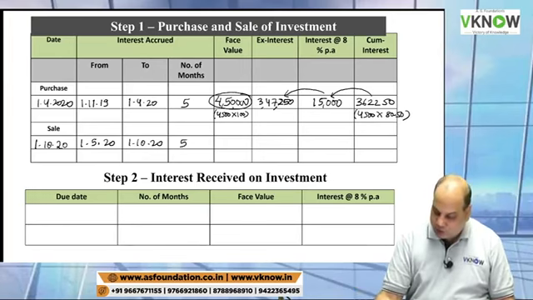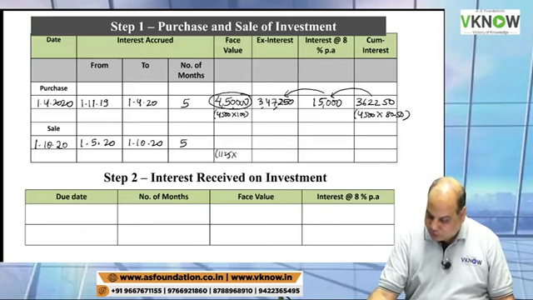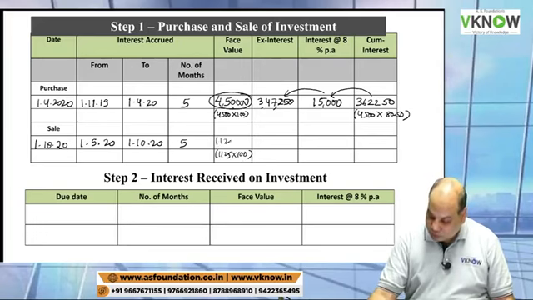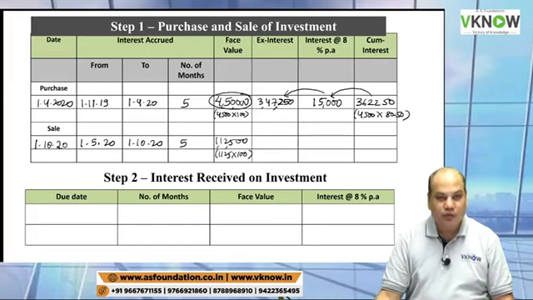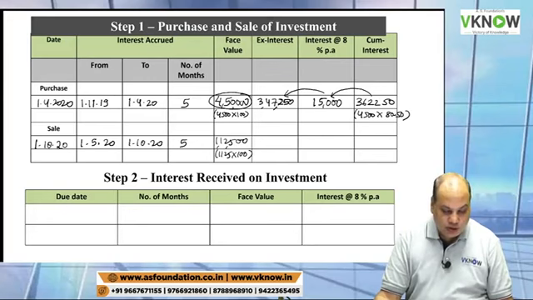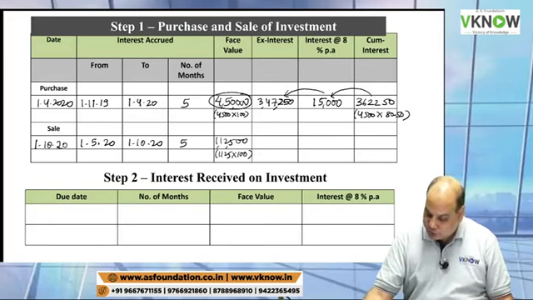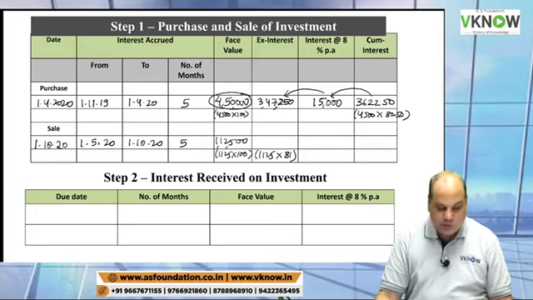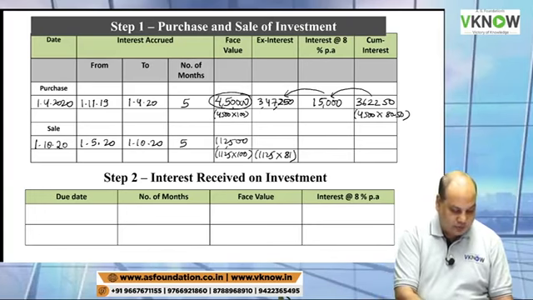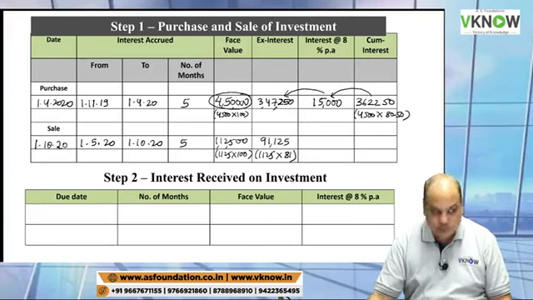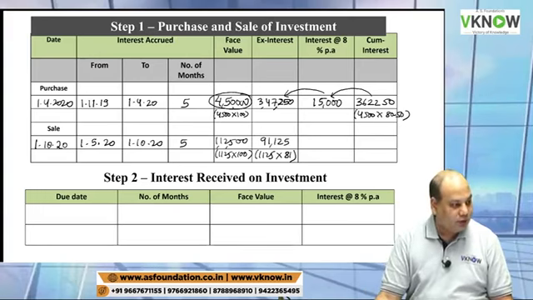The face value of the investment sold is 1125 into 100, which is 112500. Now check whether it is sold on cum interest or ex interest basis. They are saying ex interest basis, so I will take 1125 into 81. It comes to 91125.